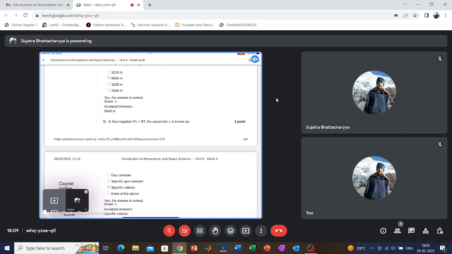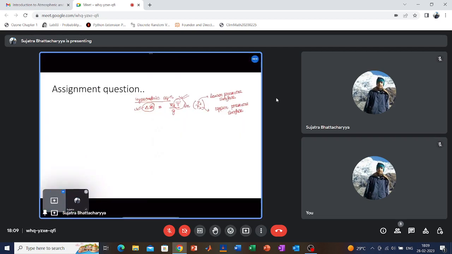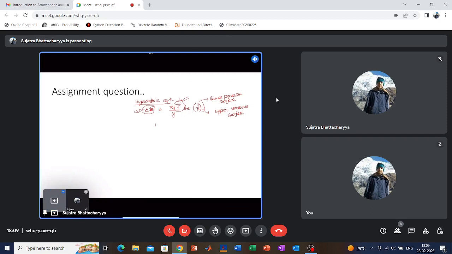The third question says, in the gas equation Pc is equal to RT, the parameter C is known as. So let me again write it here. What has been given? Pc is equal to RT. Now remember the ideal gas equation which I discussed in the second lecture. There I have written the ideal gas law in three ways.